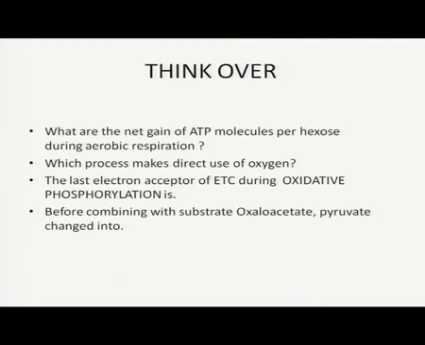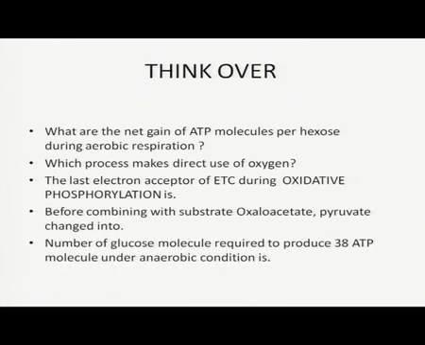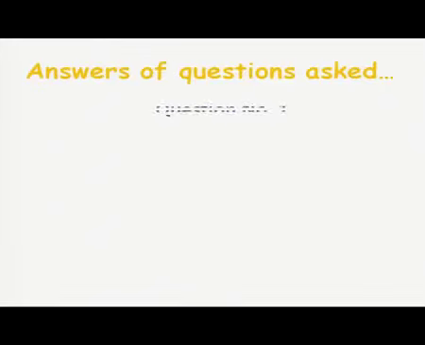Next question was, before combining with substrate oxaloacetate, pyruvate changes into which molecule? And my last question was, the number of glucose molecules required to produce 38 ATP molecules under aerobic respiration is dash.